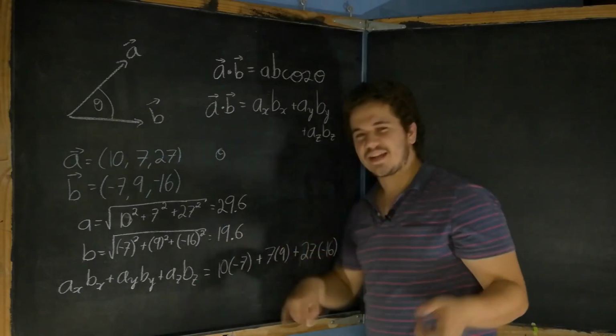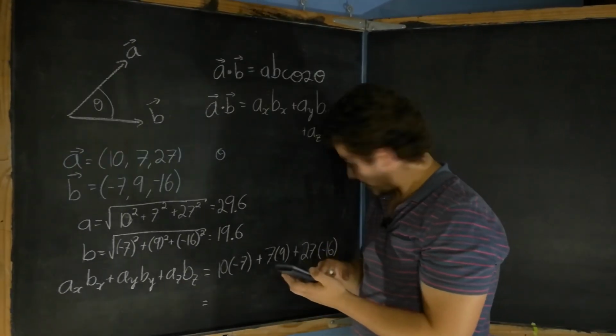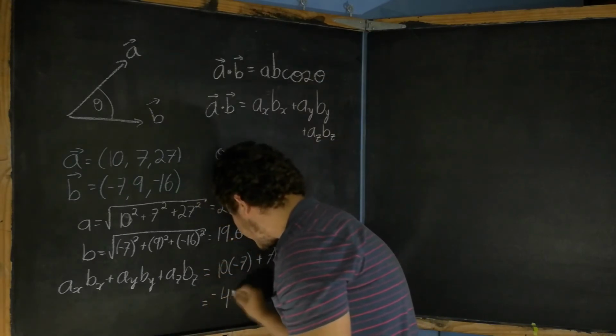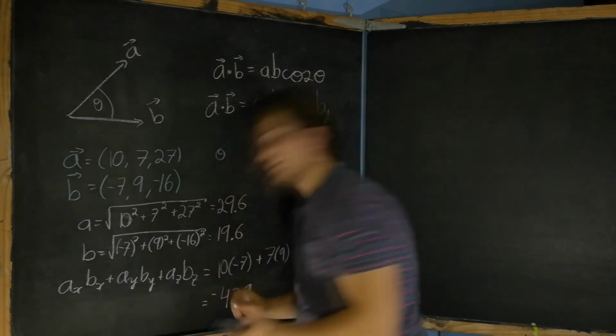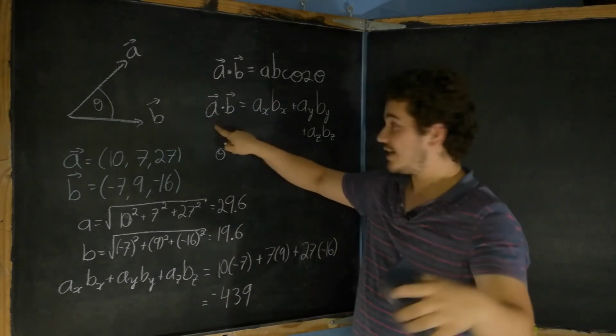We put this into the calculator and we have the answer that this equals minus 439. This is the value of the dot product of the vectors A and B.